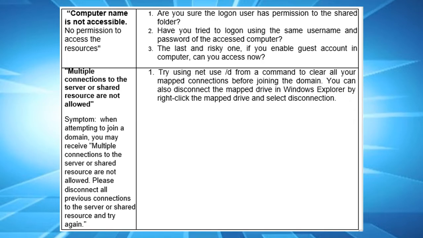Okay, then let's proceed to "multiple connections to the server or shared resource are not allowed." You can experience this when attempting to join a domain, and you may receive "multiple connections to the server or shared resource are not allowed. Please disconnect all previous connections to the server or shared resource and try again."